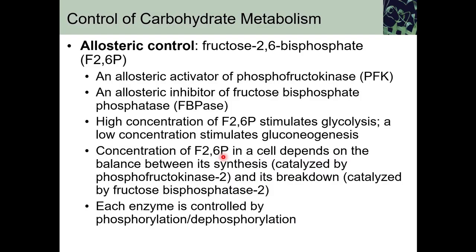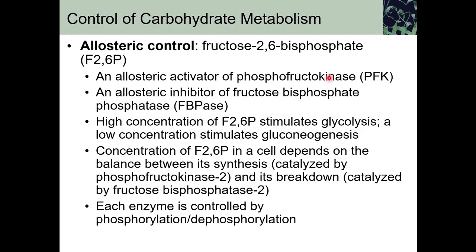Okay, now I haven't mentioned this before, but there is another mode of allosteric control that's exerted on glycolysis and gluconeogenesis. And this is primarily done through the molecule fructose 2,6-bisphosphate. Fructose 2,6-bisphosphate is an allosteric activator of phosphofructokinase.